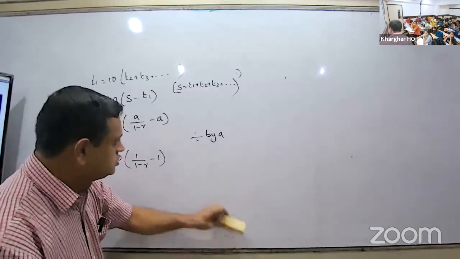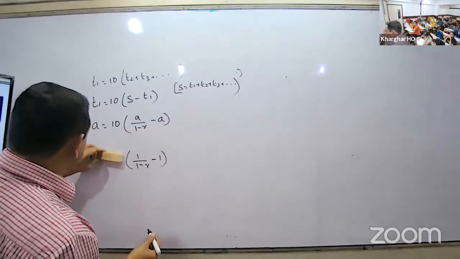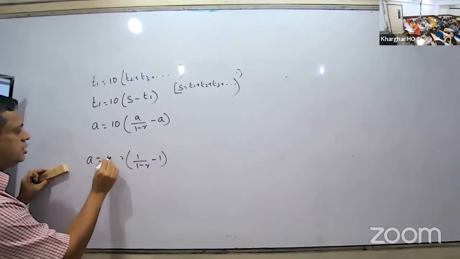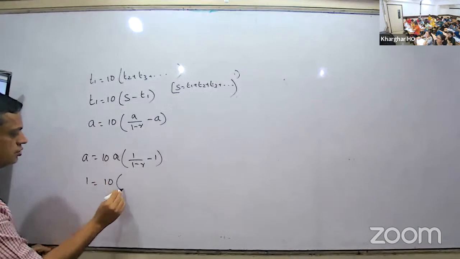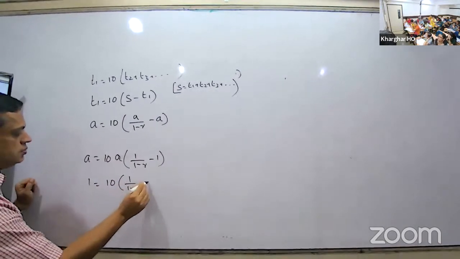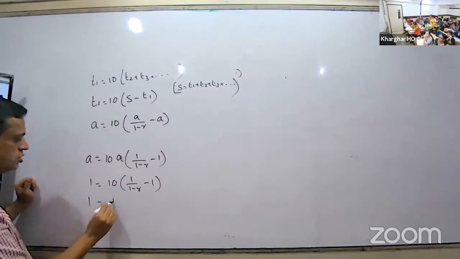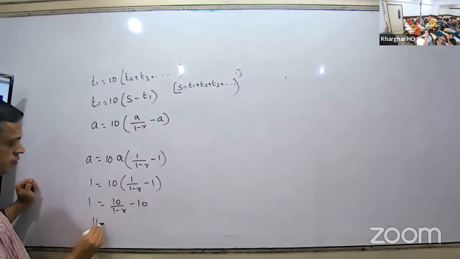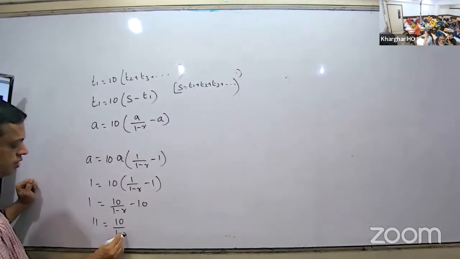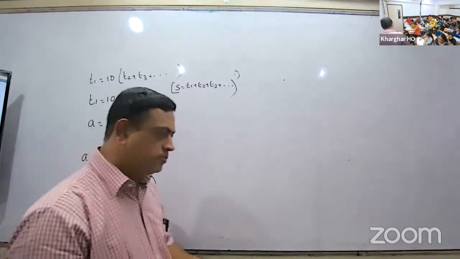So 1 is equal to 10 upon 1 minus R, minus 10. 11 is equal to 10 upon 1 minus R. Find the value of R.